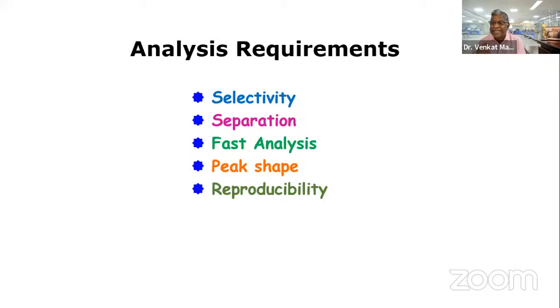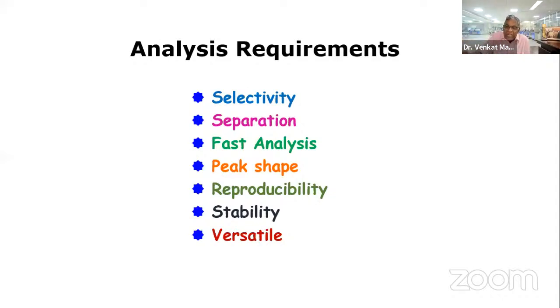Most importantly, consistency, the reproducibility of the data is the analytical requirement. Then, can I use the same column again and again? Stability, very important. Then, can I use the same column for a couple of products more? Versatile.